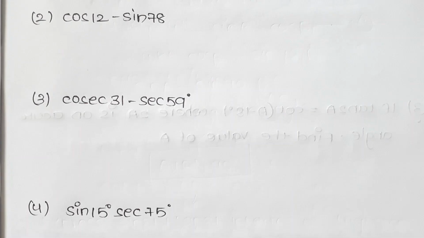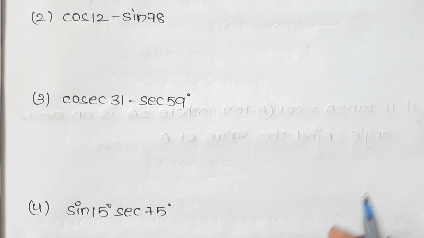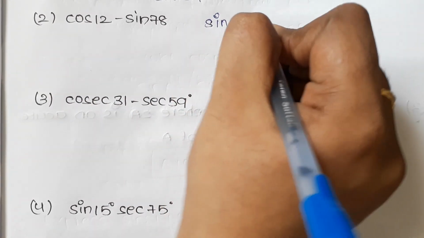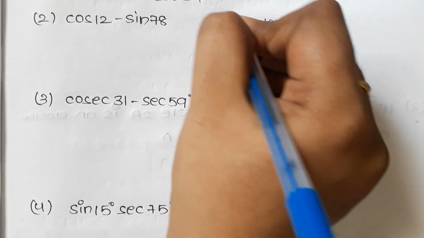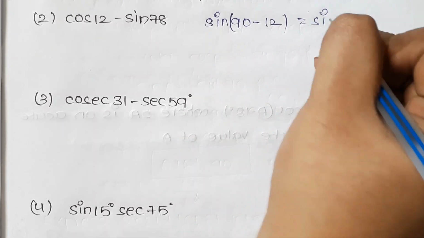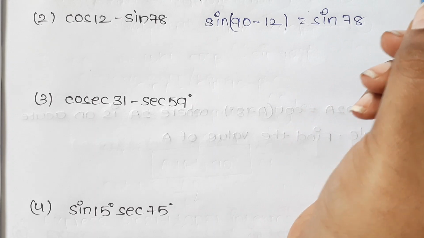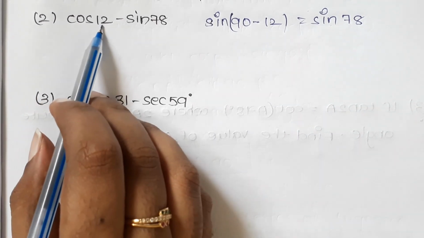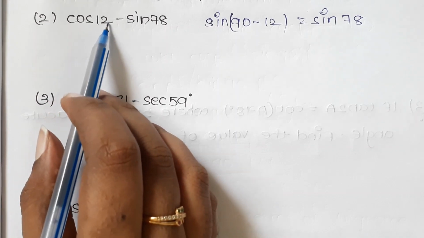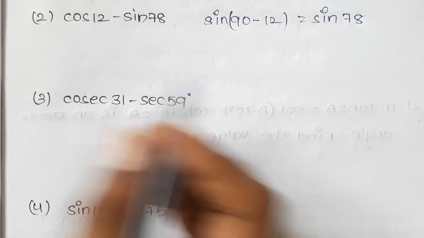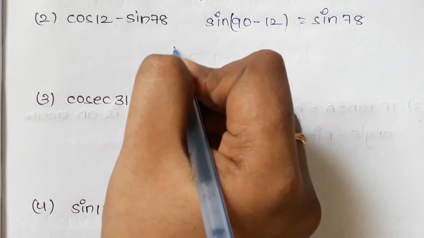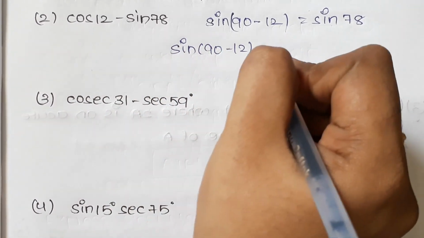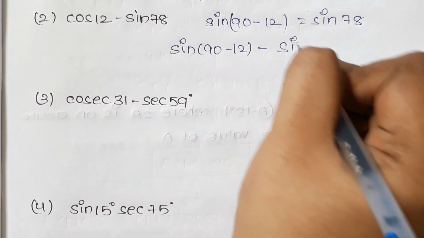And now in this, sin 90 minus 12 is nothing but sin 78. We already know that cos 12, that is cos x, can be written as sin 90 minus x. And now sin 90 minus 12 minus sin 78.